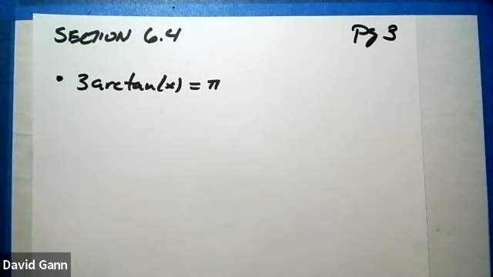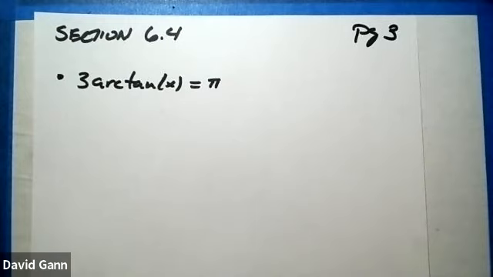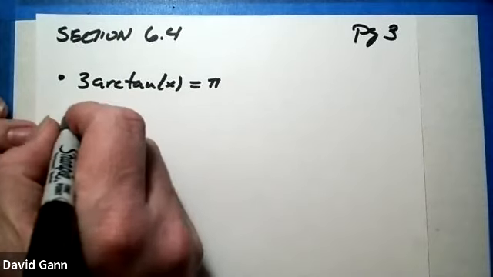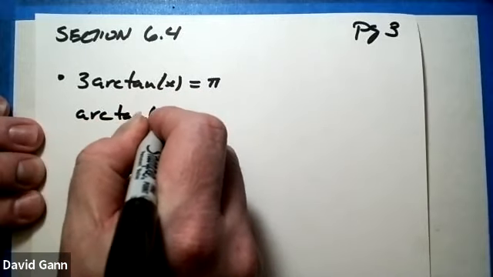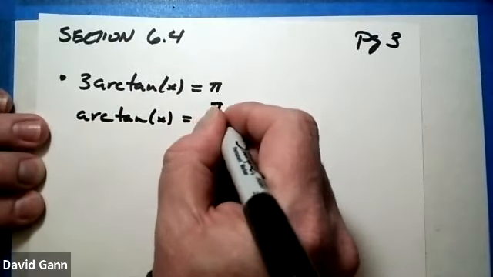So right off the bat, if possible, you want to take the inverse trig function and isolate it, just like you would with a regular trig function. So we end up with arctan of x equal to pi over 3.